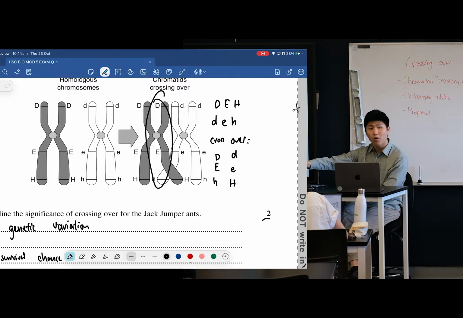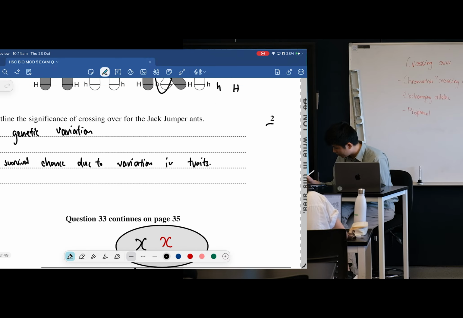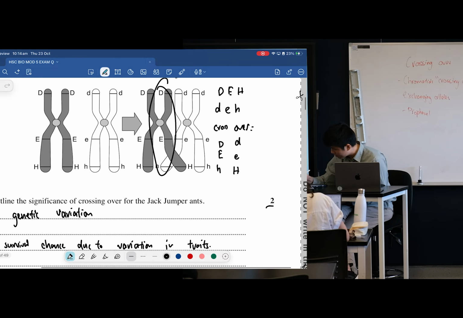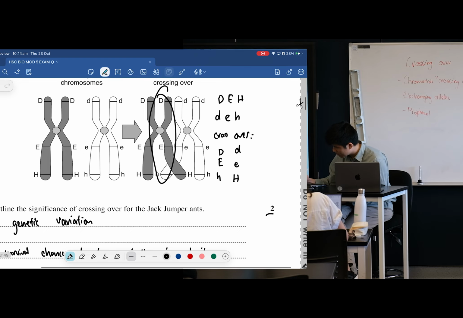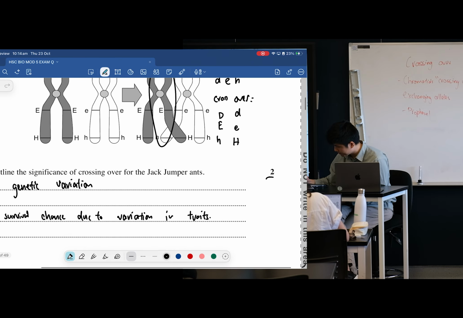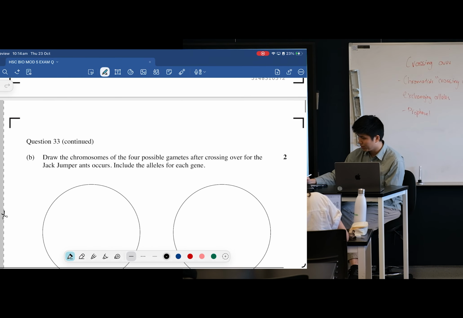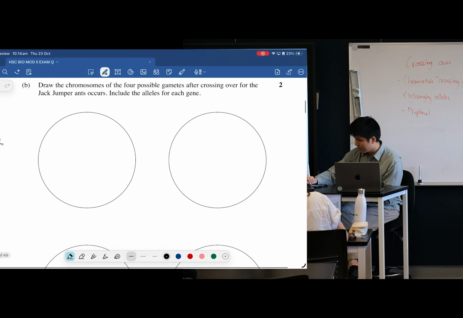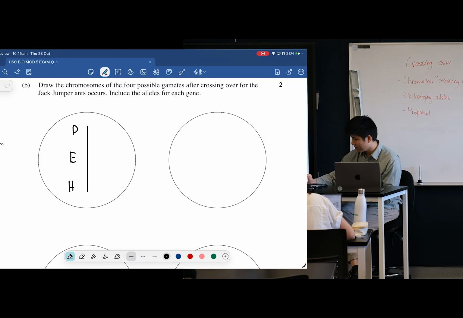So I just need to draw these 4 gametes on the bottom here, which I will get for us. Cool. So lowercase d, lowercase e, lowercase h.